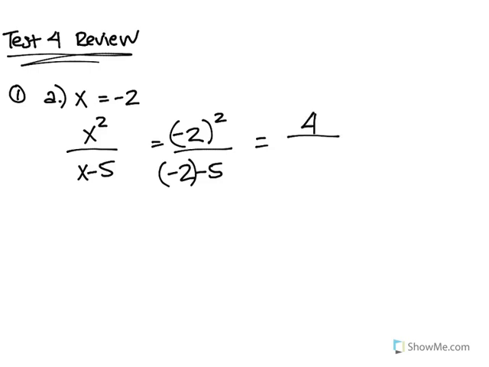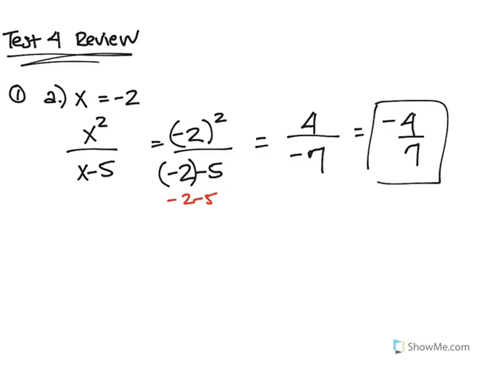And then on the bottom, that's -2 minus 5. Same sign you add, and that makes that a -7. Now, 4 over 7 can't be reduced, but the only thing I would do is bring the negative to the what? Top or to the side. So that gives you a -4/7. Okay? Do y'all see that?